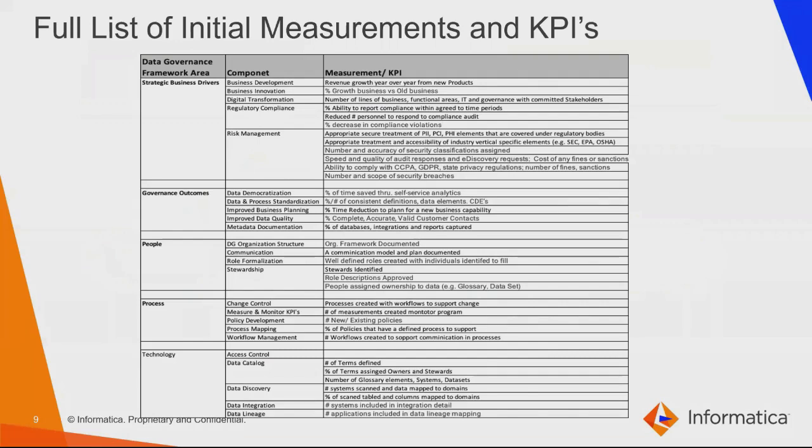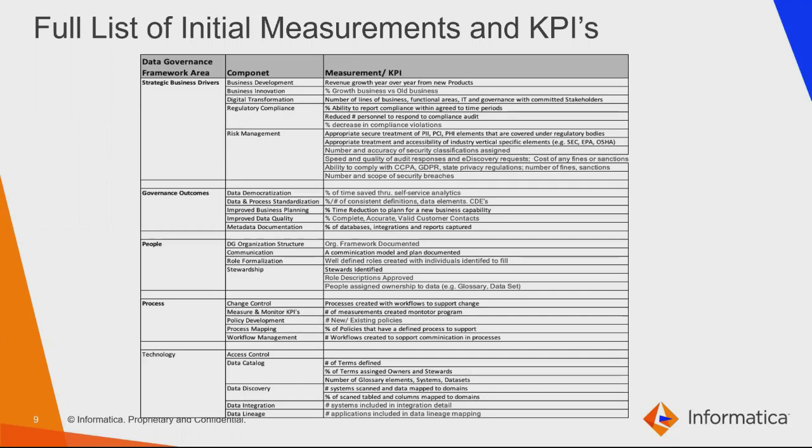dashboard. There are other items in the strategic business drivers, wherein risk management can be tracked through the ability to comply with CCPA or GDPR privacy regulations, and also monitoring regulatory compliance, like percentage decrease in compliance violations.